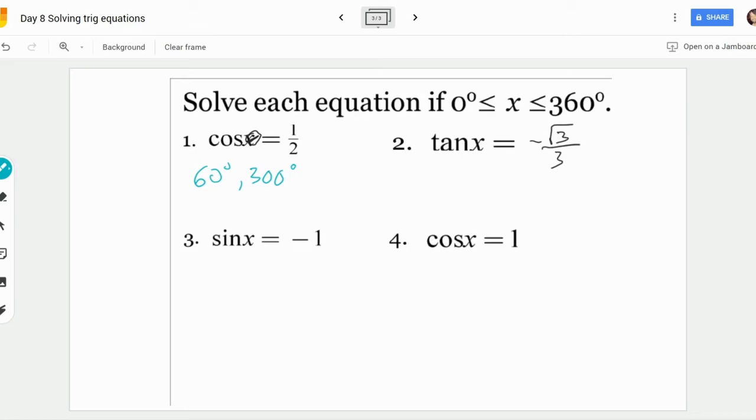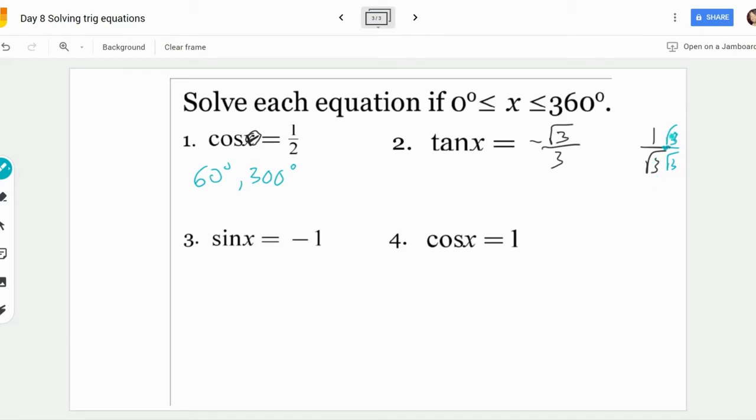When you have a problem like tangent, this one's kind of ugly because we have to go back and remember that at one point, to get this, we actually had 1 over square root of 3, and then what happened was we multiplied it by a fraction, square root of 3 over square root of 3, to rationalize the denominator.